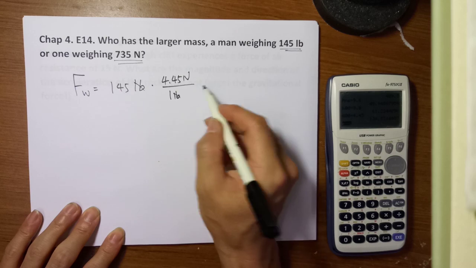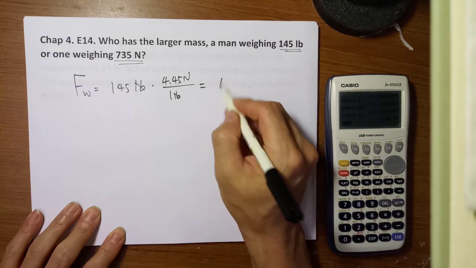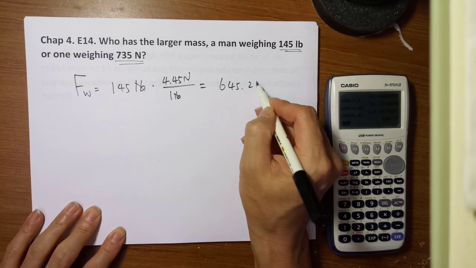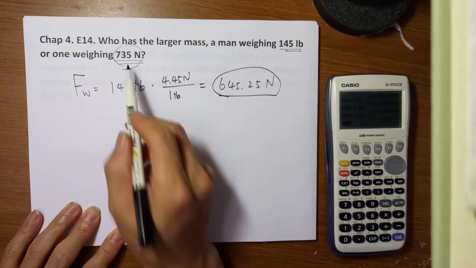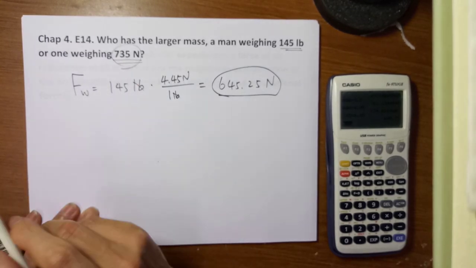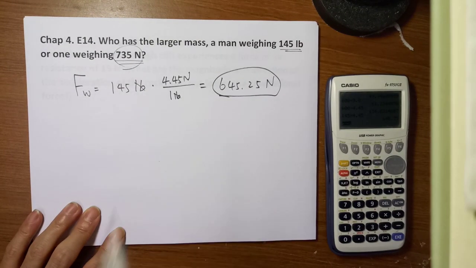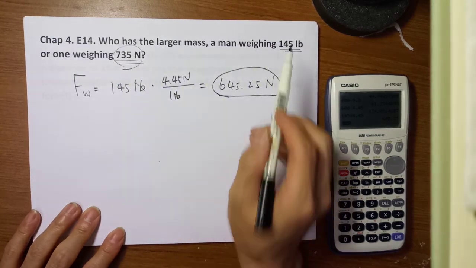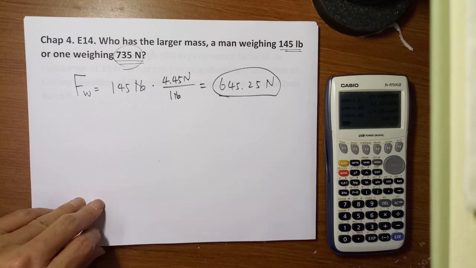Pound cancel, and then 145 times 4.45 becoming 645.25 Newton, and the other weight is 735. So 735 Newton is heavier than 145 pounds in this question.